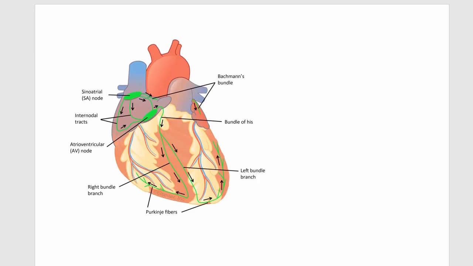And you also have the left and right bundle branches. So the bundle of His divides into the right and left bundle branches, which then extend into each of the respective ventricles.